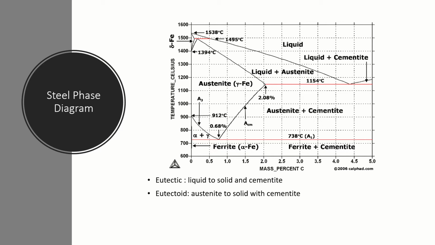Let's focus really quickly on the different phases. Right here, we start with the liquid phase, just as in the binary system. And this line right here is actually called cementite.